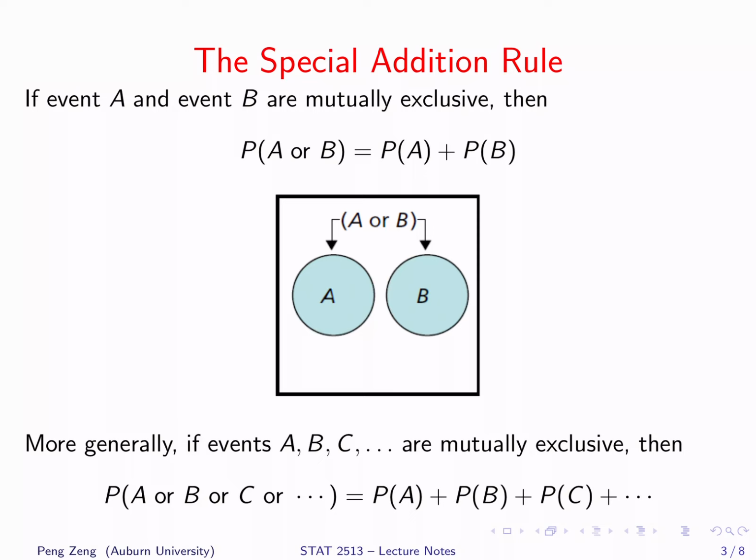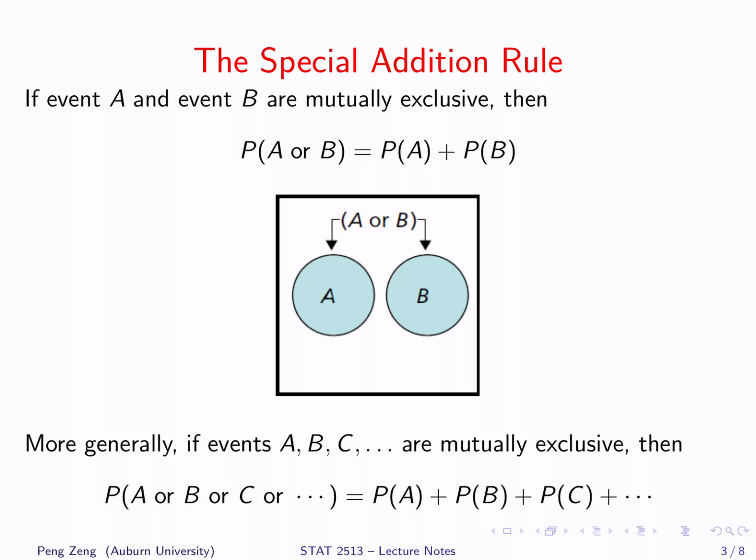Hence, the number of outcomes in A or B is equal to the number of outcomes in A plus the number of outcomes in B. To get the probability, we divide the number of outcomes by the total number of outcomes in the experiment. Therefore, we obtain the formula displayed in the slide.